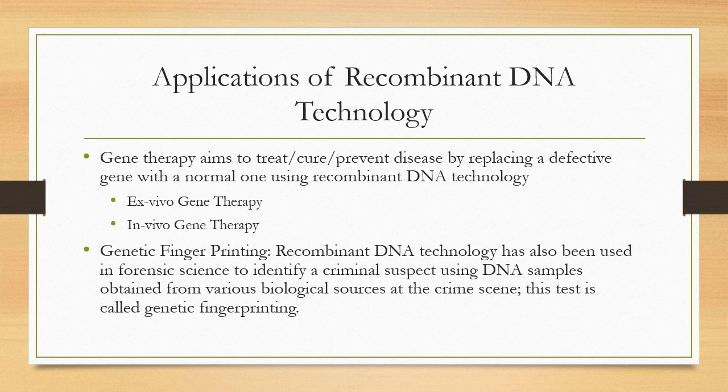There are two methods used for gene therapy: one is ex vivo gene therapy and one is in vivo gene therapy. The gene therapy in which genes are inserted into cells outside the body is called ex vivo gene therapy.